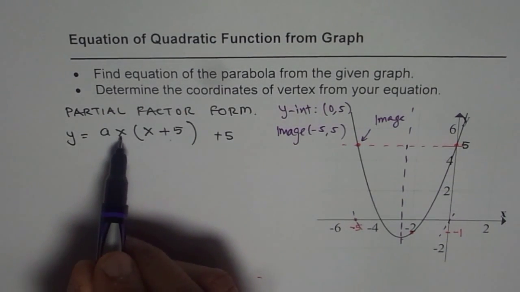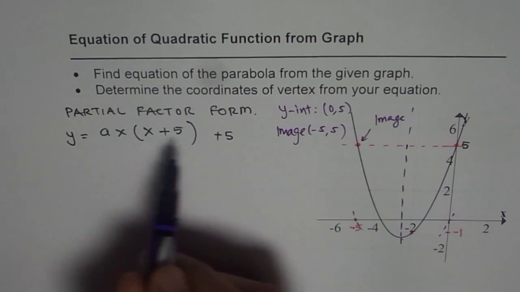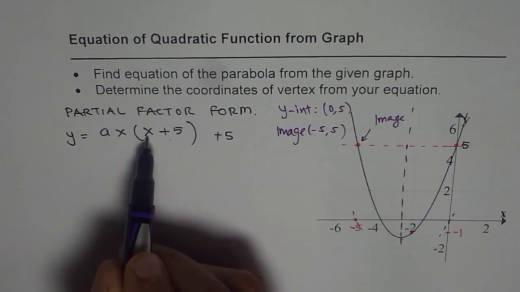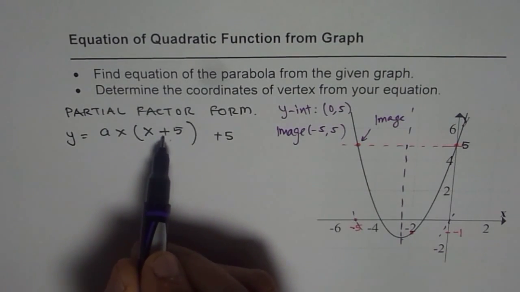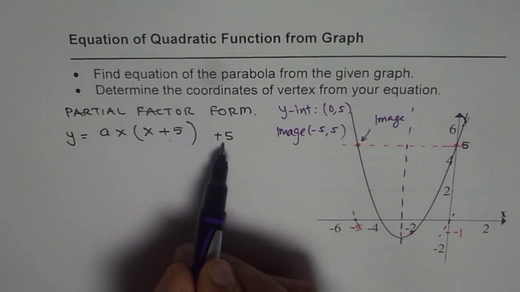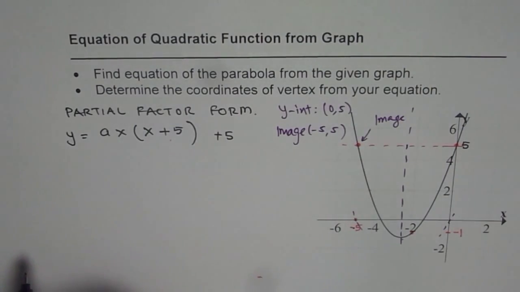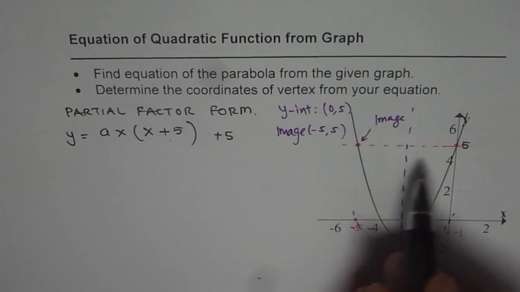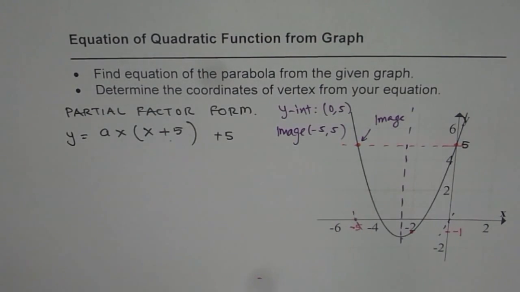Now here if I write x equals to 0, first factor becomes 0, so the y equals to 5. If I write x equals to -5, the second factor is 0. And so again I get y equals to +5, that is the image point, correct? So that is how you get your statement. This is so simple, right? Straight away you can read from the graph and write it down.